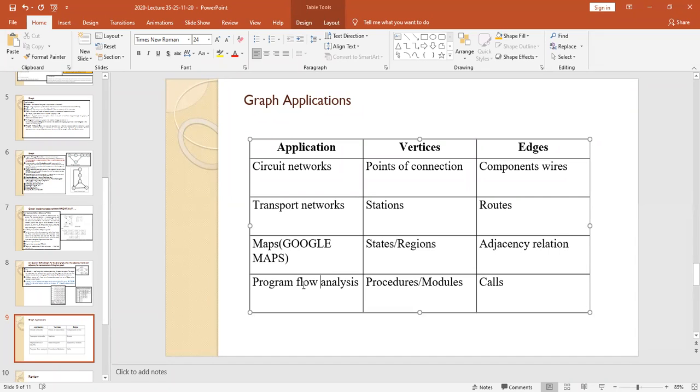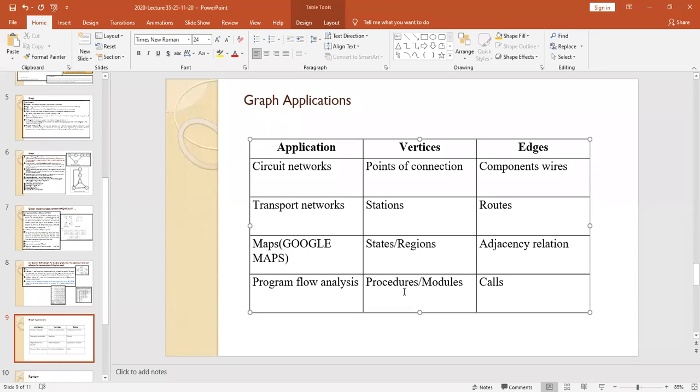Next you come to program flow, our program concepts. When you have a program with functions, the vertices are first the main function, and next some other functions.